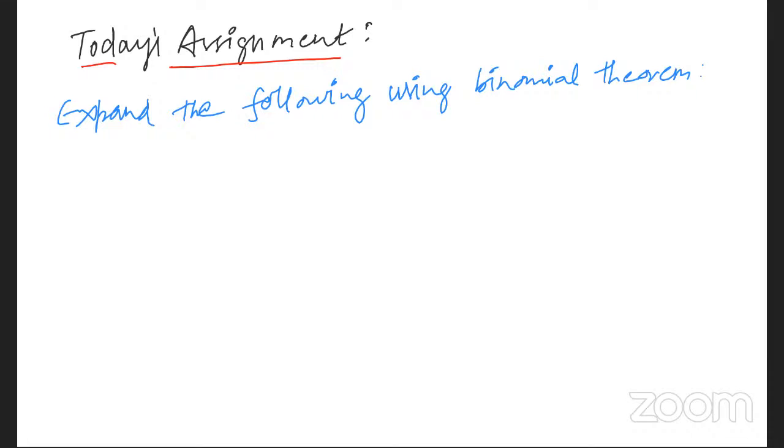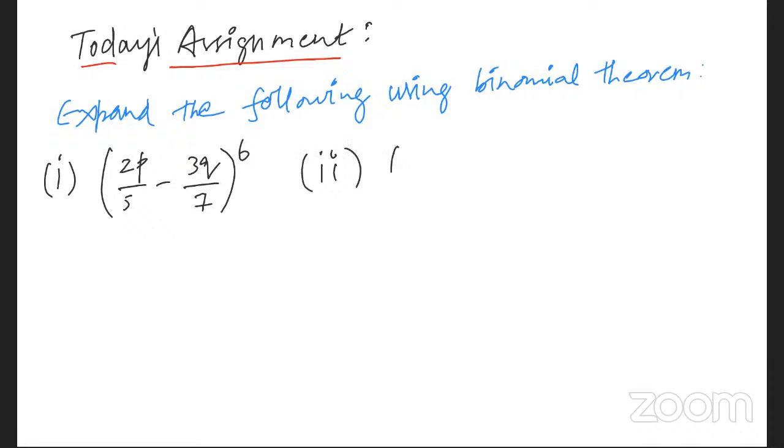First bit: (2p/5 - 3q/7)^6. We'll take one more bit: (2a + 3b)^6. So try to simplify this.